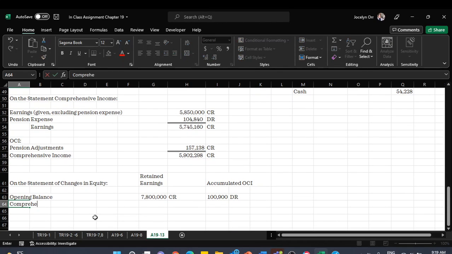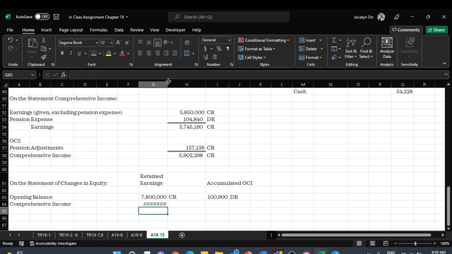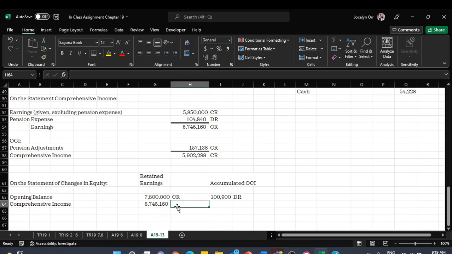Next, we want to look at those changes to comprehensive income, right? So the changes to retained earnings relate to our earnings, $5,745,160. And we know that was a credit.